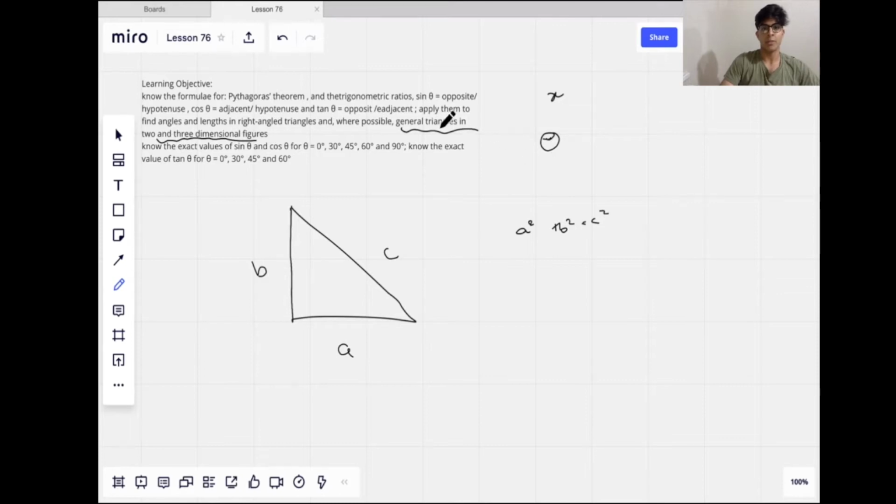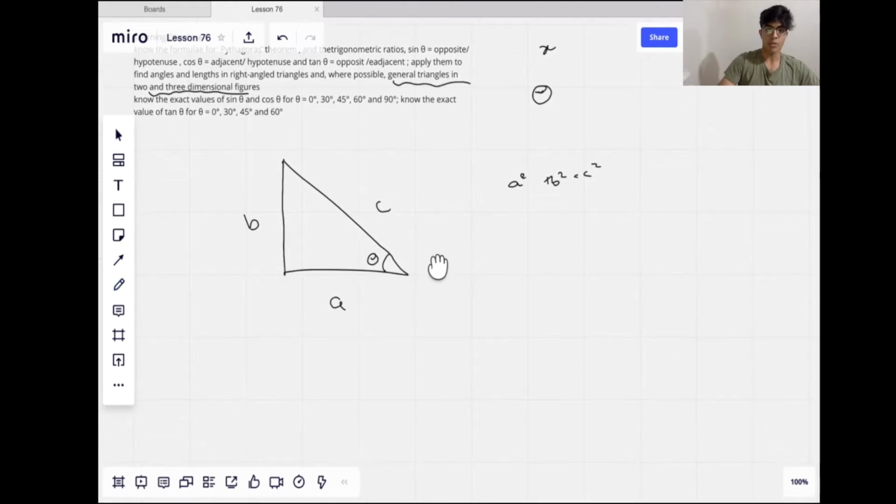If we said sine theta, we're saying this unknown theta could take a range of values. So if we label this as theta, for a right-angled triangle, we can find that the ratio of this length, b, divided by the hypotenuse c, is some sort of function of theta, and this is what we call the sine function.